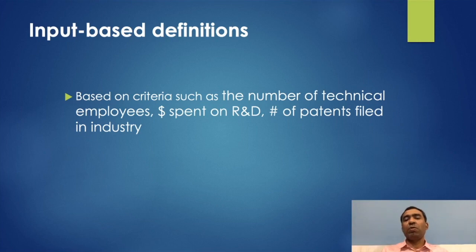Those firms who have high levels of technical employees, more funds and budgets for research and development, and have filed more patents, copyrights, trademarks, or any other type of patent in the industry. It means that they are winning the race, and they are the high tech firms, companies and organizations. Okay, so that is why we call them input based definitions. So this is how we shall understand.